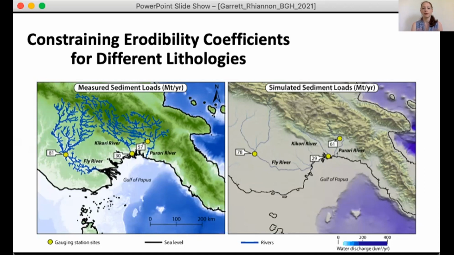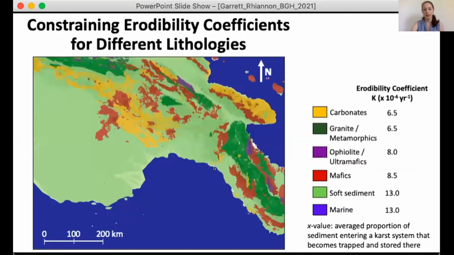On the right is my simulation that best accounts for the measured sediment loads, and these are the erodibility coefficients that I used in that simulation. The soft sediment has the highest erodibility coefficient, and carbonates, granites, and metamorphics have the lowest.